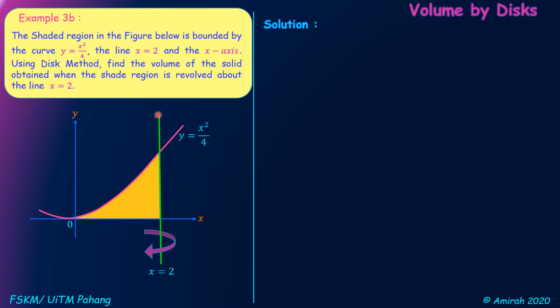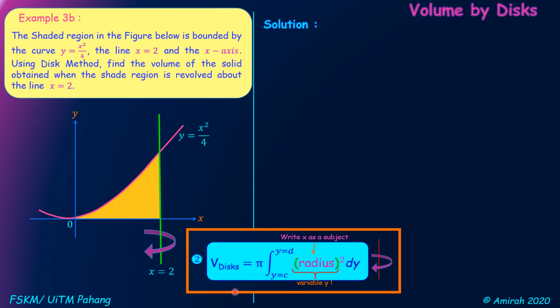This is the axis of rotation. Since the axis of rotation now is a vertical line, using this method, we recall back the formula. Under this method, if we have axis of rotation is a vertical line, we need to integrate with respect to y.